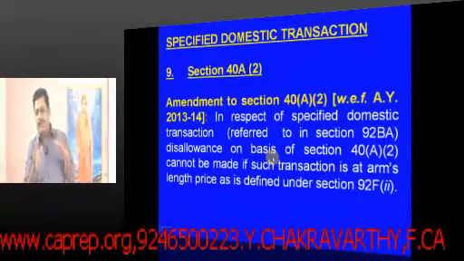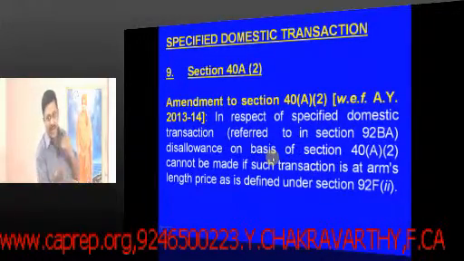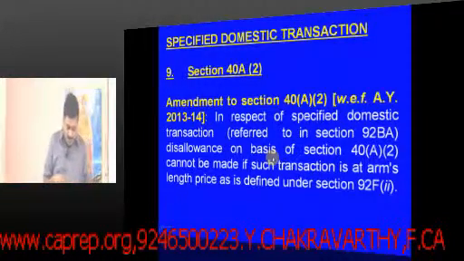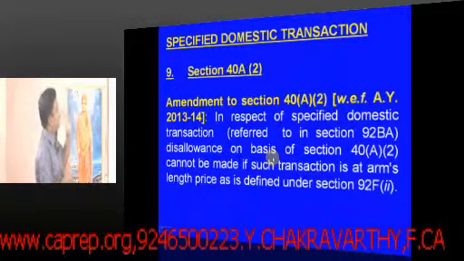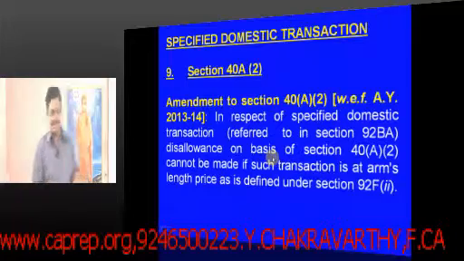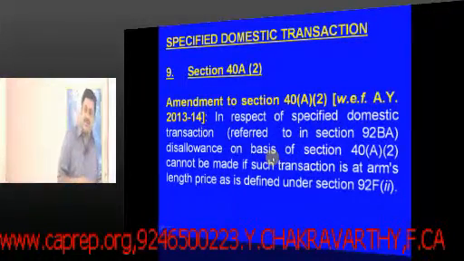So now with this brief idea behind the introduction of this particular section and its application to specified domestic transactions, let us look into what it is. See, an amendment is brought in section 40A(2).